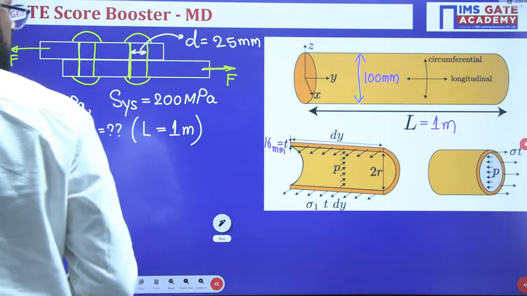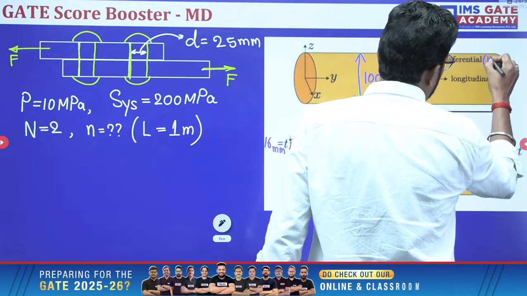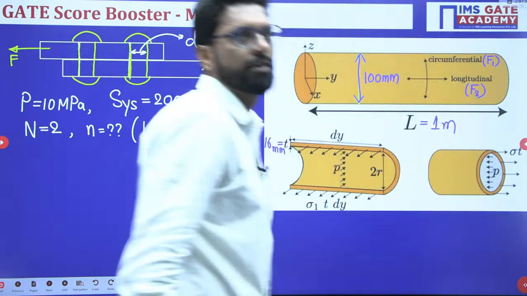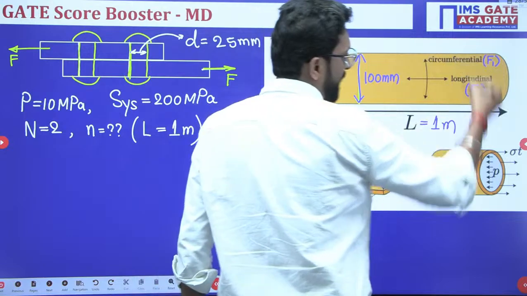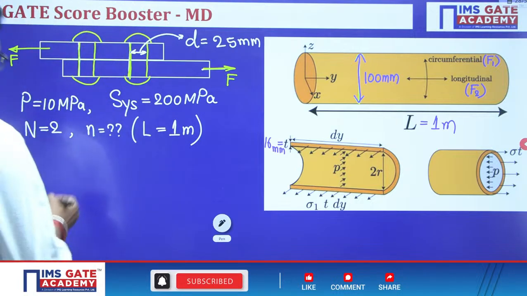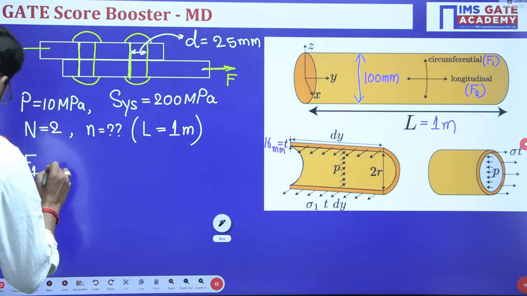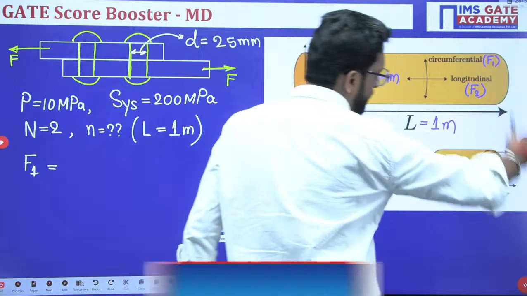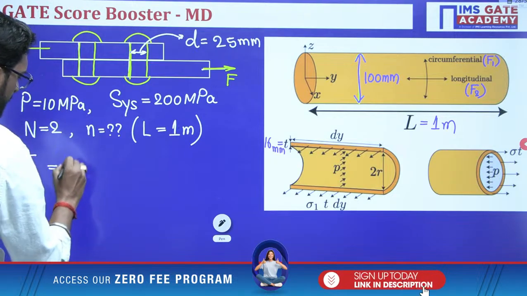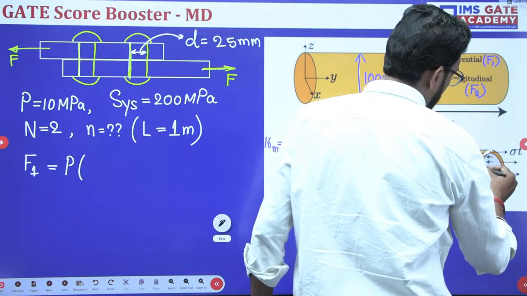Now, let's suppose in the circumferential direction, force F1 is applied, and in the longitudinal direction, force F2 is applied. So what is F1? F1 is the circumferential force, which is pressure P into area.